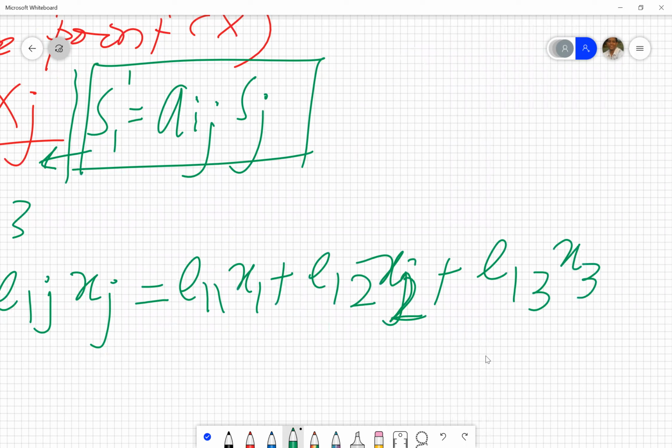This is one explanation when we put i equal to 1.